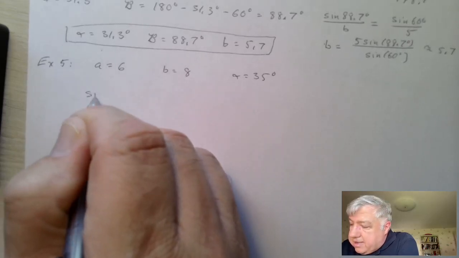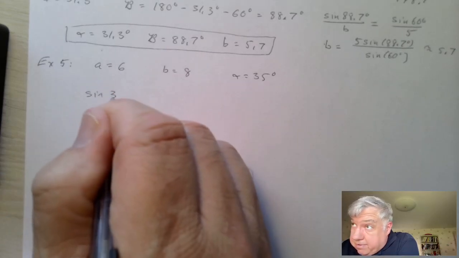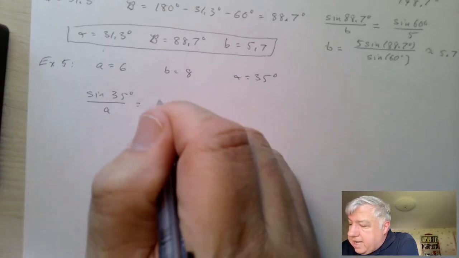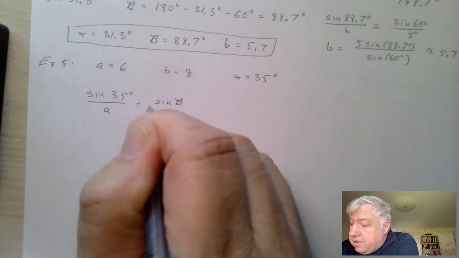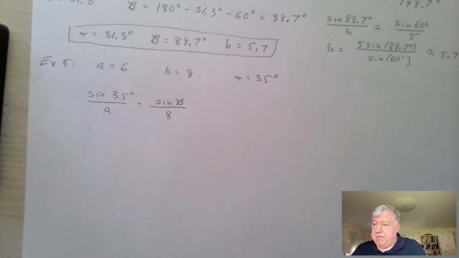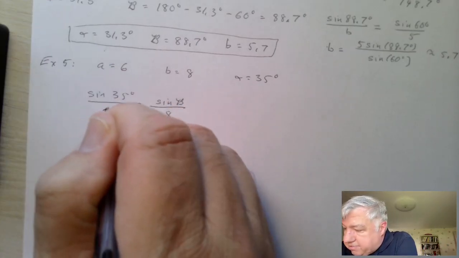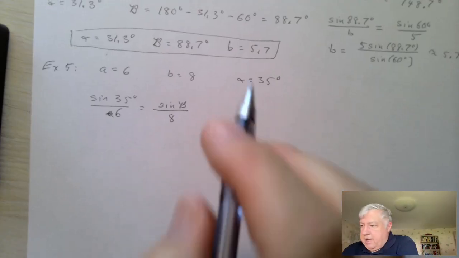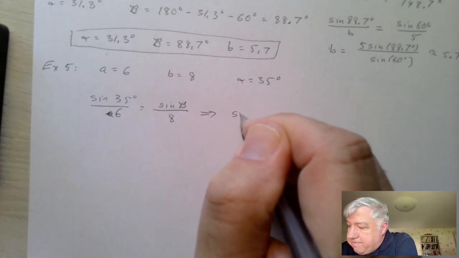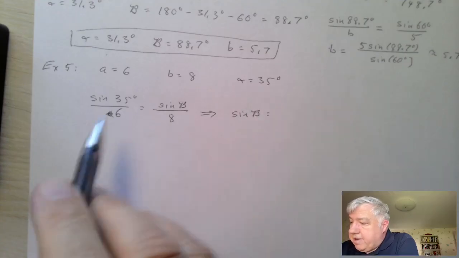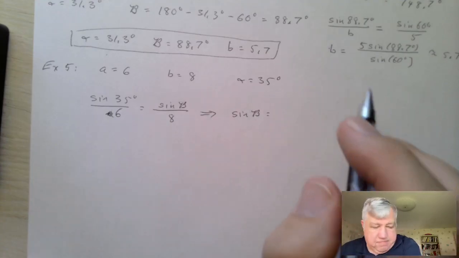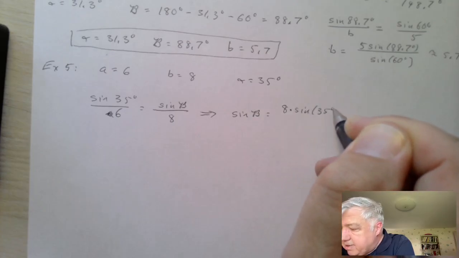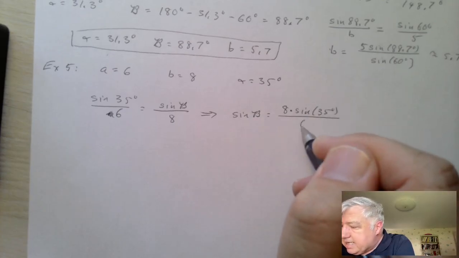So the sine of 35 degrees divided by a is equal to the sine of beta divided by 8, which is b. And I should say that a is 6, so I should have written 6 here, because we know what that is. And so this tells us that if we cross multiply, the sine of beta is going to be 8 times the sine of 35 degrees divided by 6.